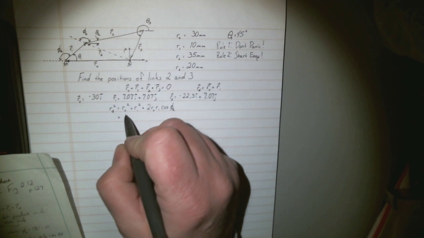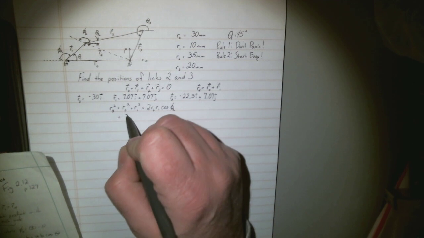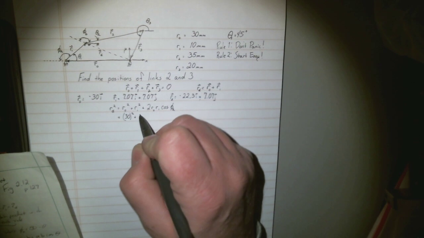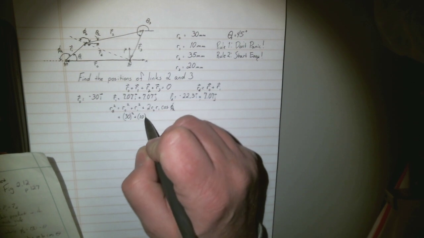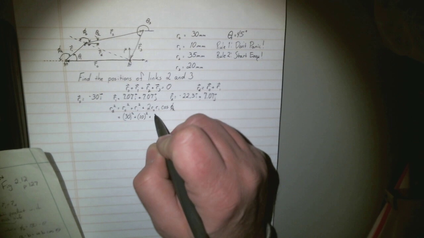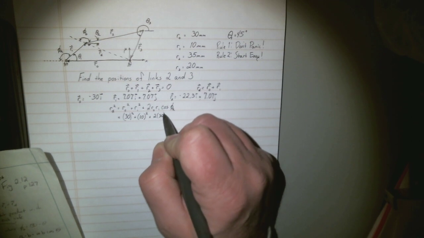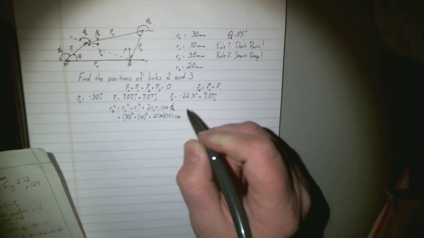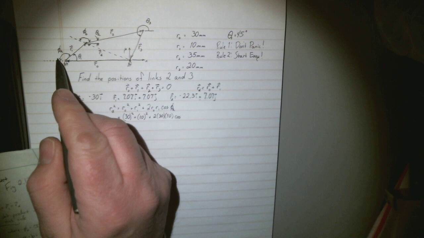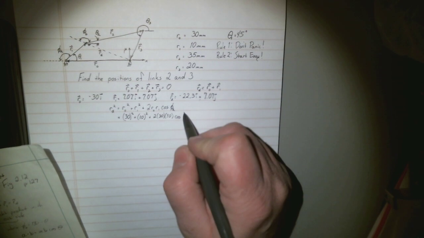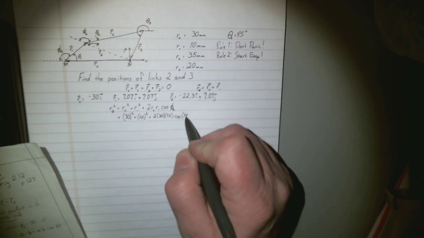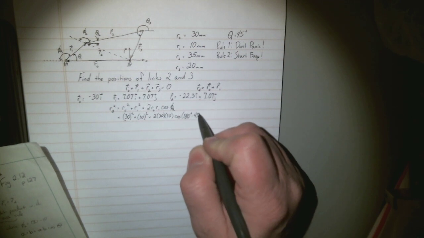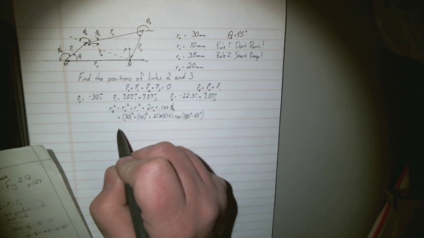This is equal to r sub 0 squared, so 30 squared, plus r sub 1 squared, which is 10, plus 2 times 30 times 10 times the cosine of phi sub a, which is just 180 degrees minus 45 degrees.